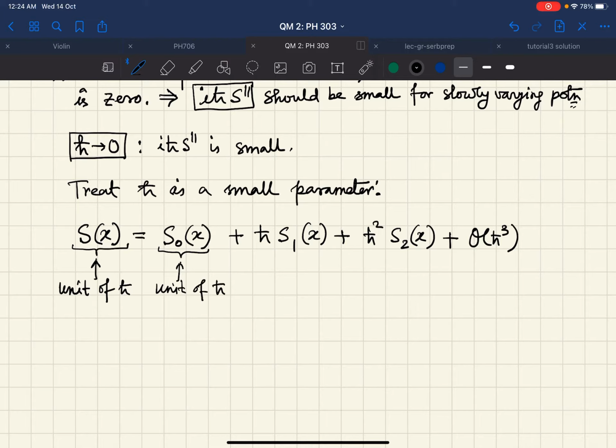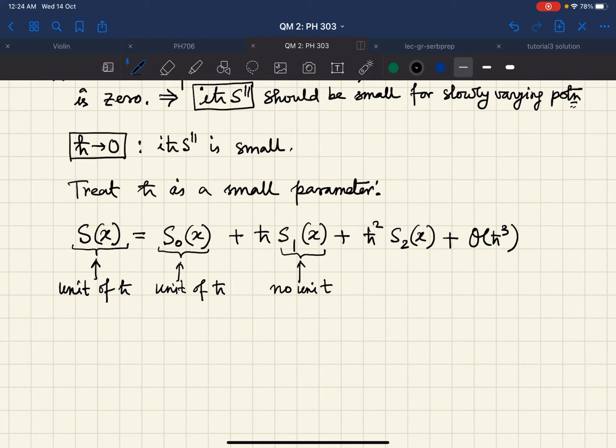But now we are not expanding in terms of some small parameter which is dimensionless. Earlier in our perturbation theory discussions, we were expanding using the small parameter lambda, which was dimensionless. But here in the second term we can see that there is already one ħ sitting here. So this first correction S1 of x should have no unit. It must be a dimensionless quantity.